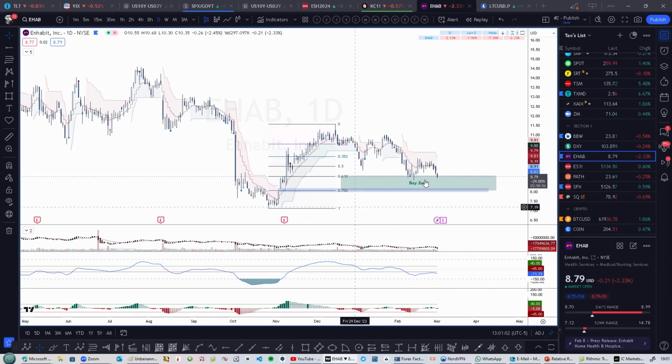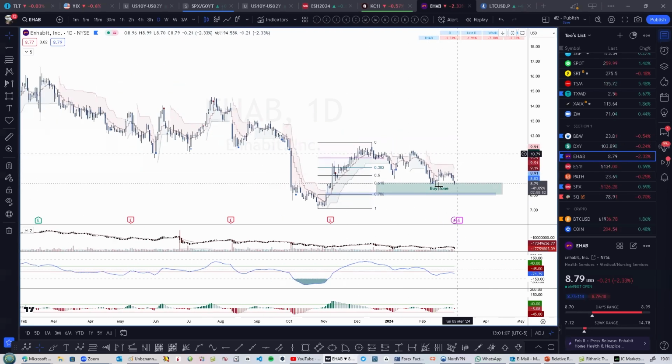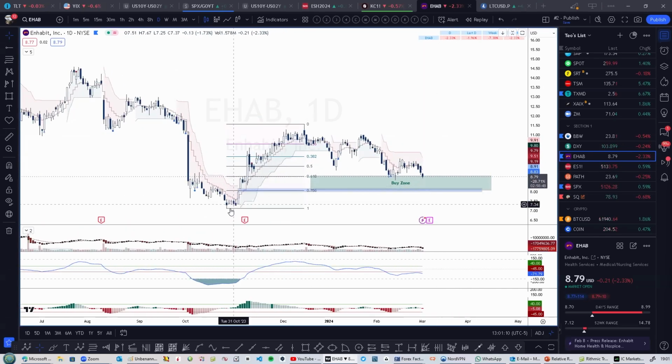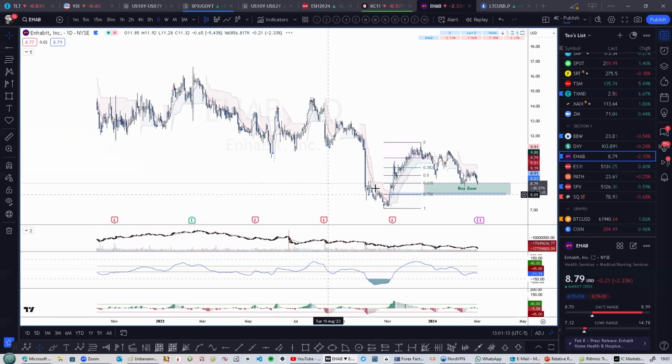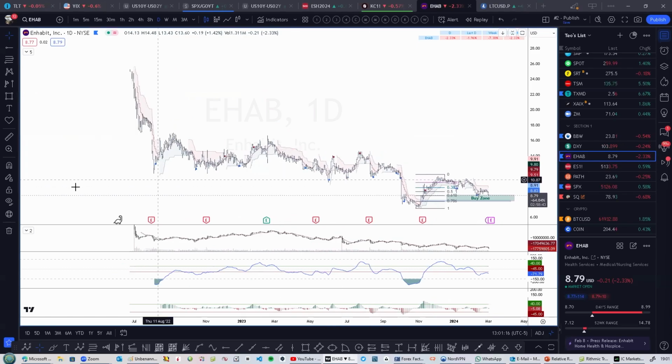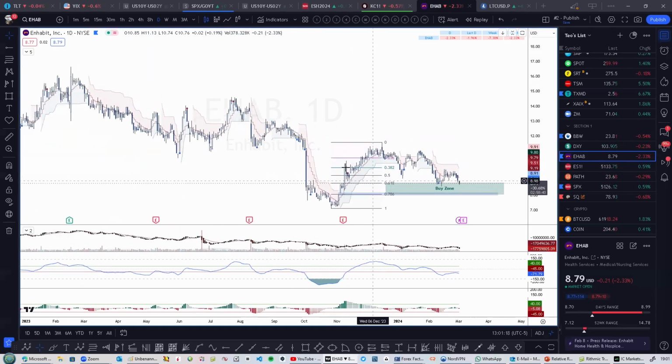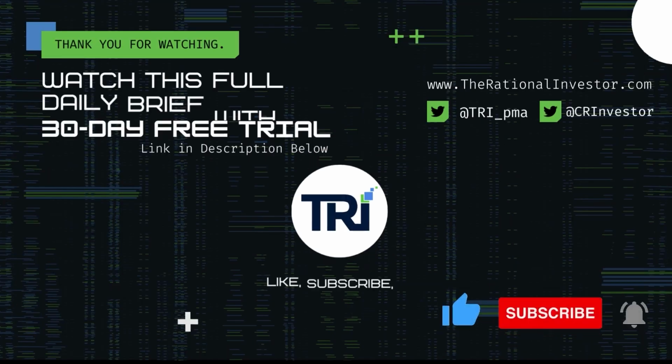So it could be interesting. I didn't do the research, but it is in a reload zone, and we had some bottom. Okay, it has a really short story at the moment, but it can be interesting.